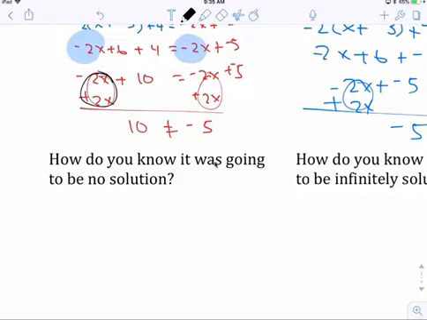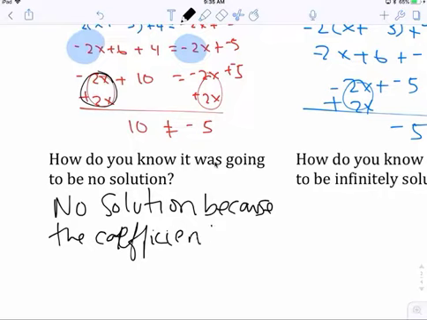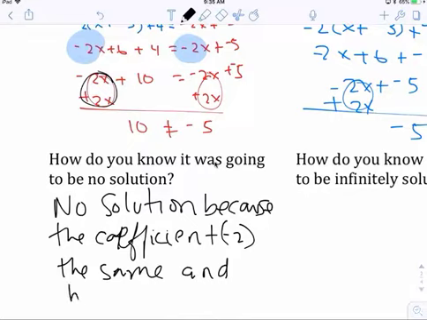To know no solution because the coefficients are the same, the coefficient of negative 2 are the same and has a different constant.